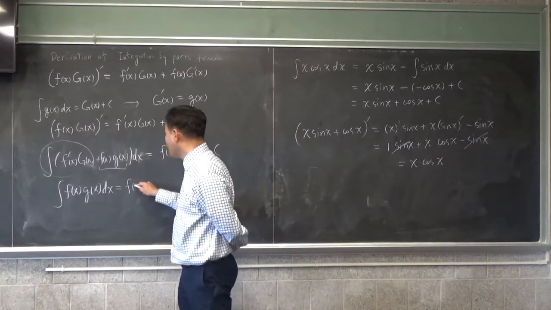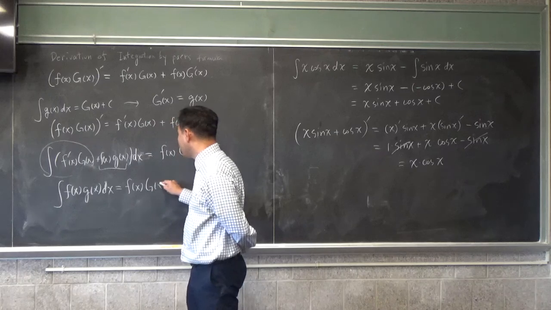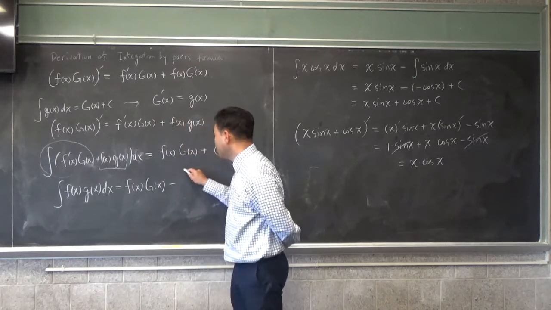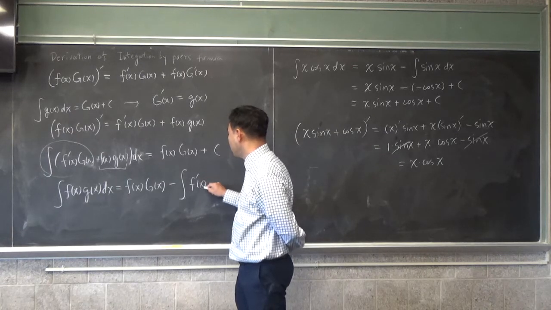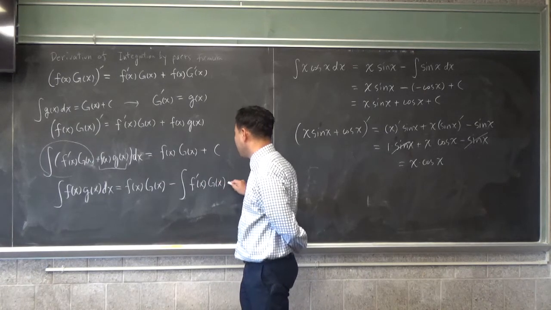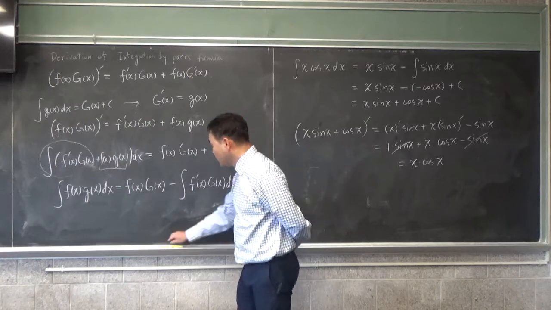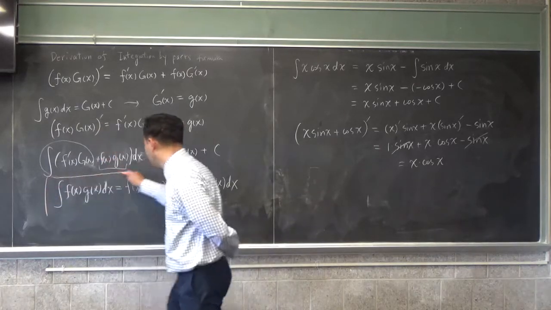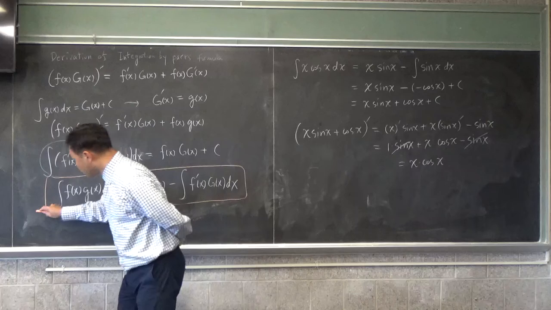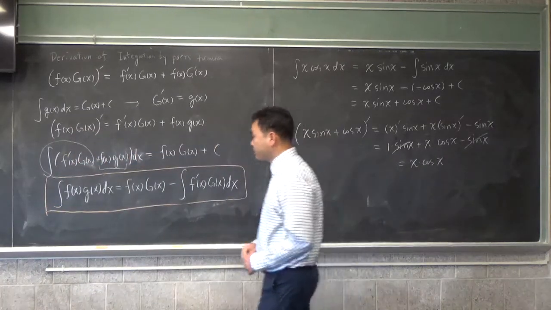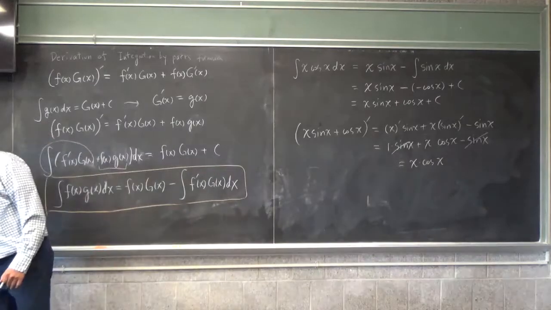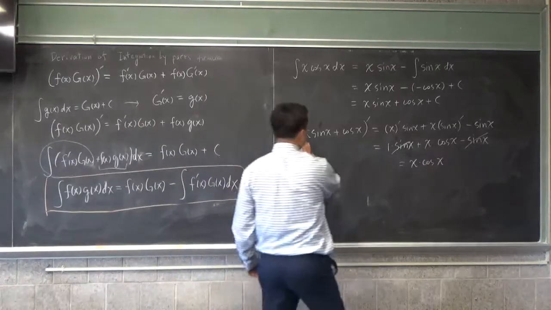So you get small f of x, capital G of x, minus the integral of f prime of x, capital G of x dx. And this here is the formula for integration by parts. Now let's see why.